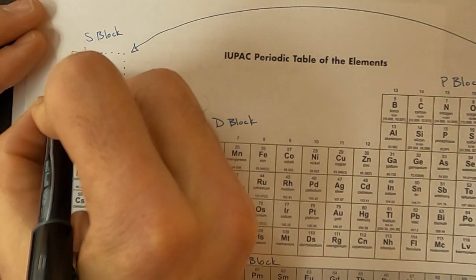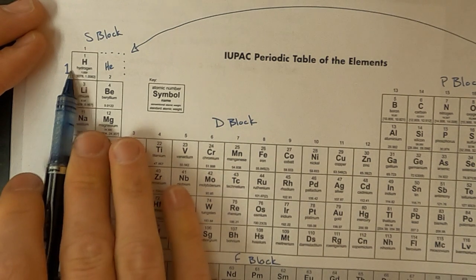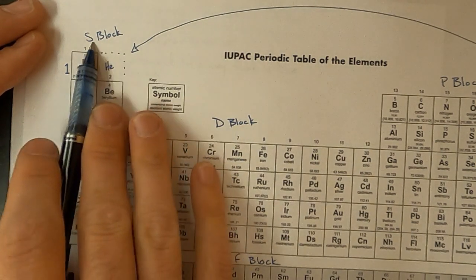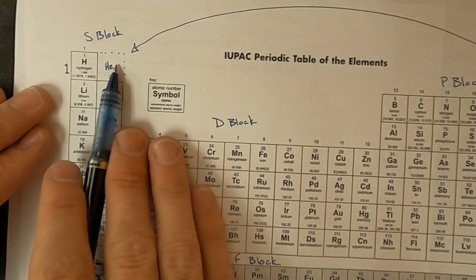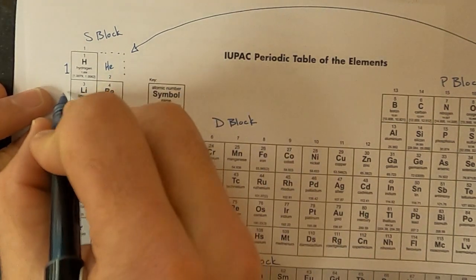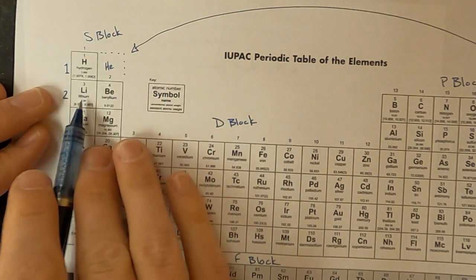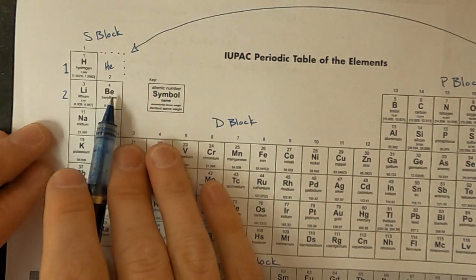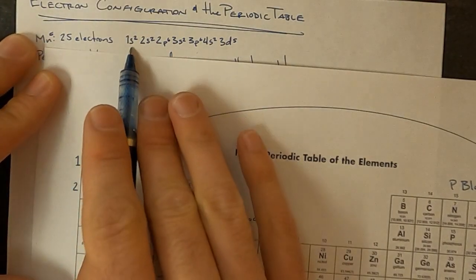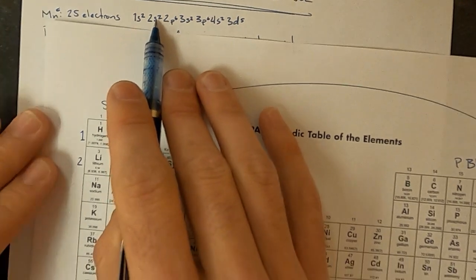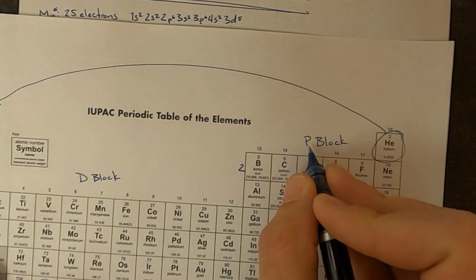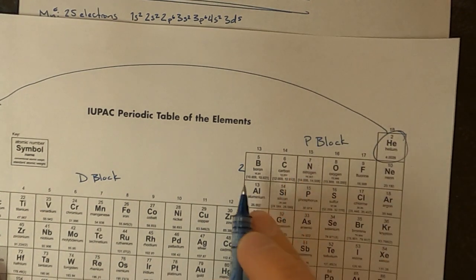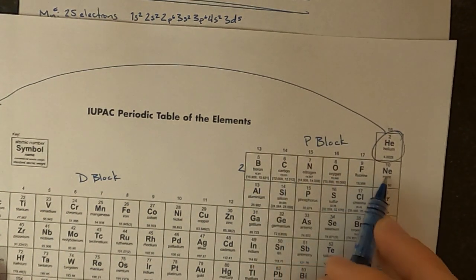We would say that this, because it's the first row, is 1s, and we would move 2 elements over. After that, we would move to the 2s, and we would move 2 over. And so we have 1s2, 2s2. We next would be moving to the 2p part of the periodic table, and we would be moving over 6 places.